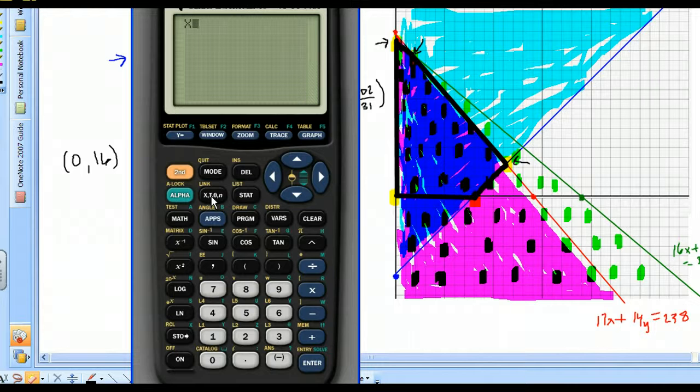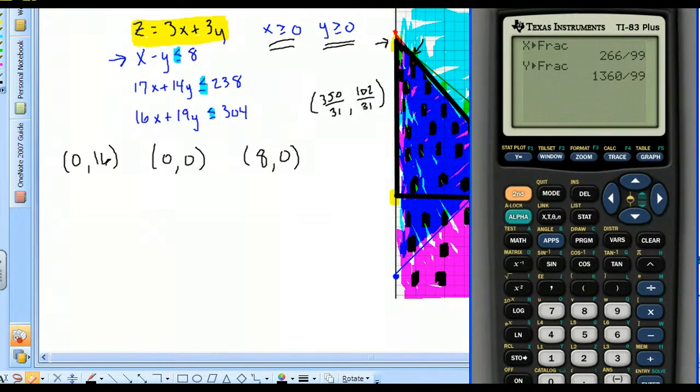So press the X button, and then press Math, option 1, change it to a fraction, and there's that one as a fraction. And then the other variable was y, so press alpha, there's y above 1, Math 1, change it to a fraction, and there's the y coordinate. So 266 99ths.